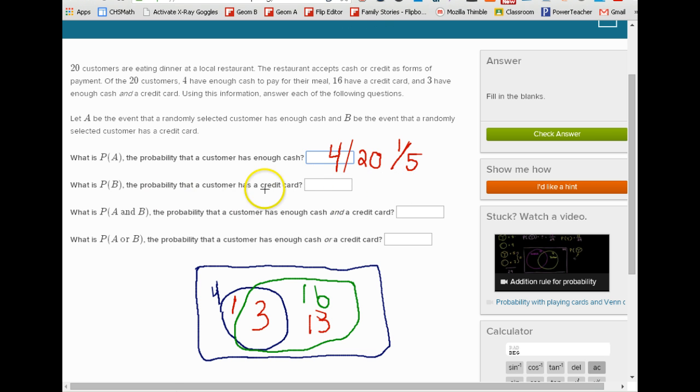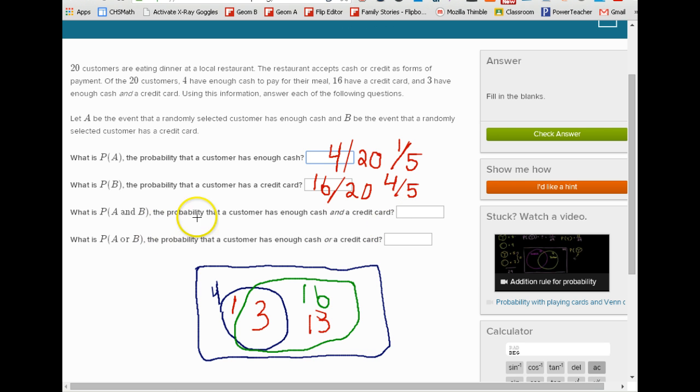Okay? Probability the customer has a credit card, 16. Oh, they're not asking us if it works, by the way. Just having a credit card doesn't mean much if it's not going to work for you. Okay, so 16 out of 20, which reduces to 4 out of 5.